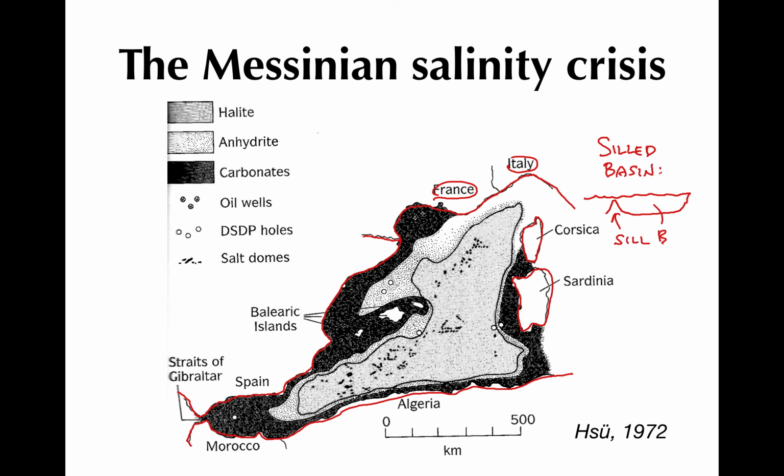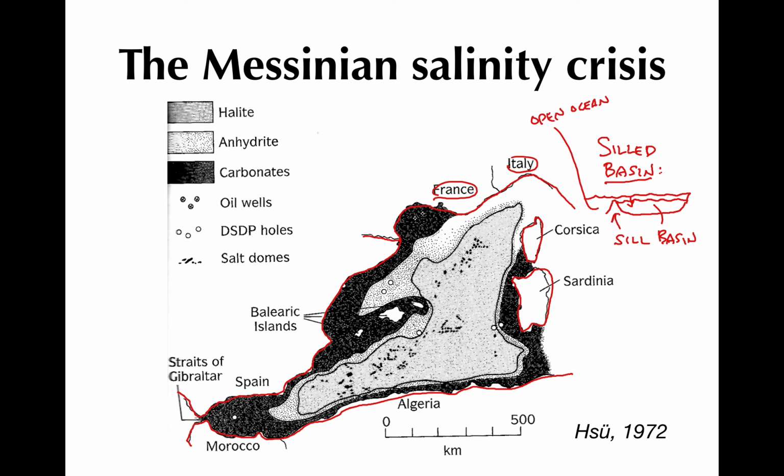This would be our basin. And then out here would be the open ocean. Well, what this means is if sea level were to go down, say during a glaciation, when you lock up a lot of water on the continents, the sea level drop will turn this silled basin into a lake because it's no longer connected to the ocean.